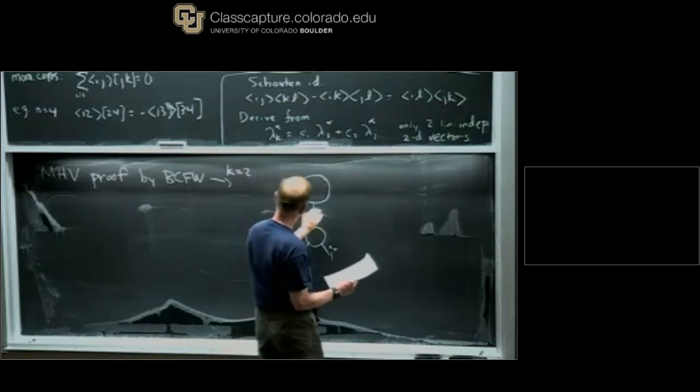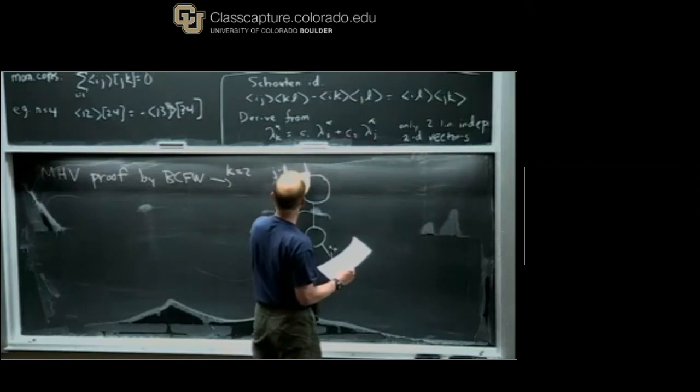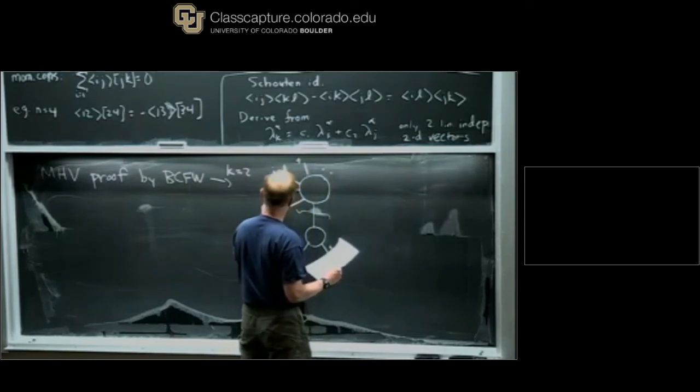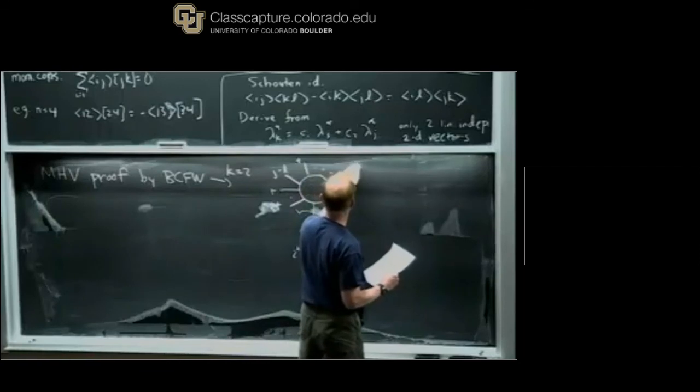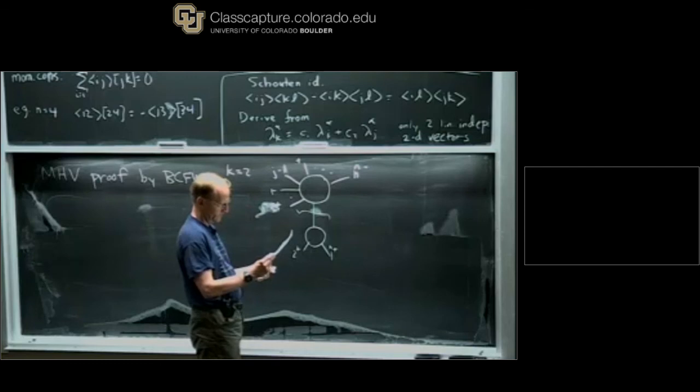I'm assuming that the other negative helicity guy, j, isn't equal to 2, that it's up here somewhere. There are a whole bunch of pluses up here. This is leg k plus 1. Oops, sorry. This is leg 3. And then n hat minus. So now we're actually going to get a non-zero result.